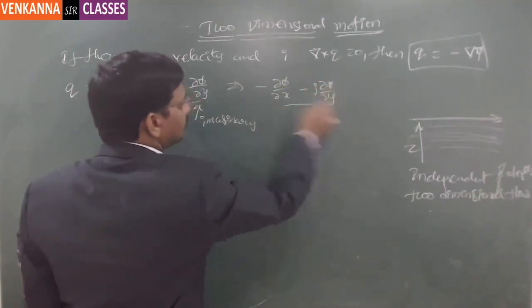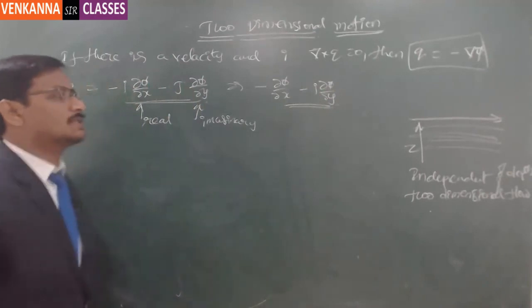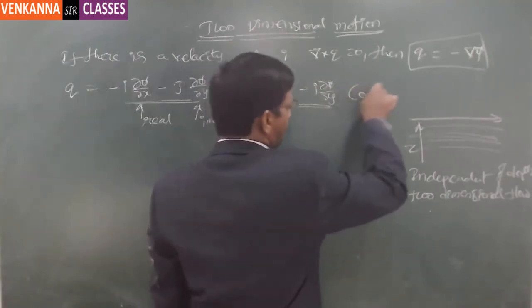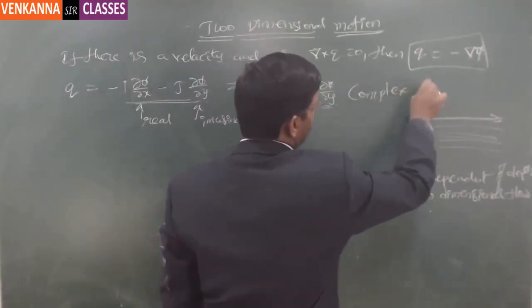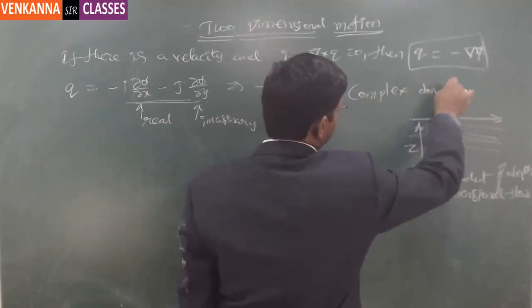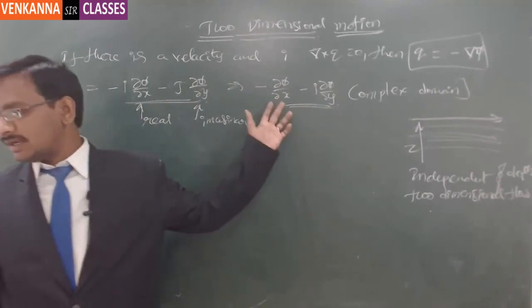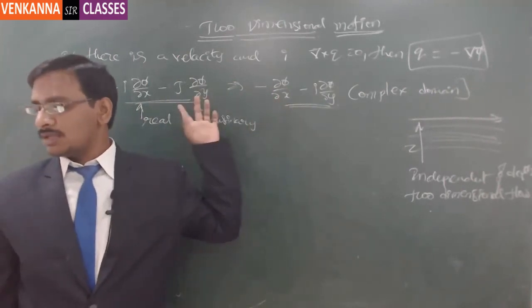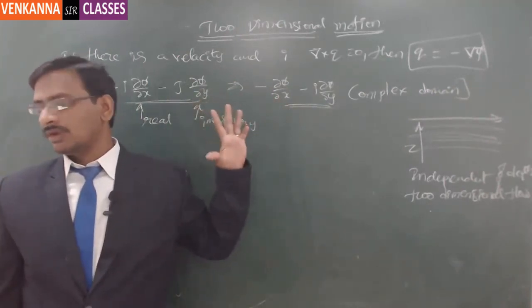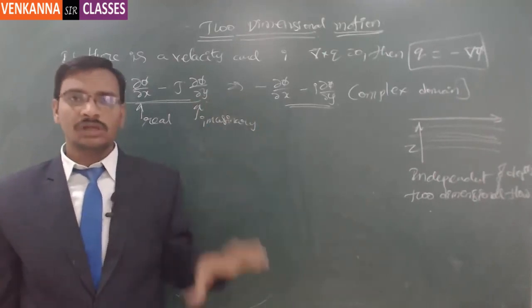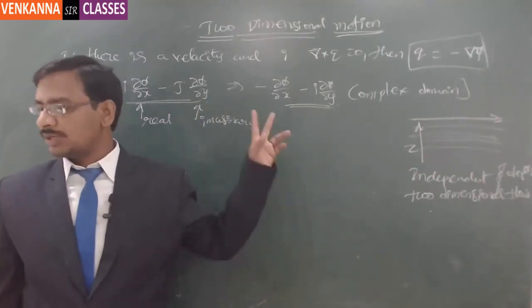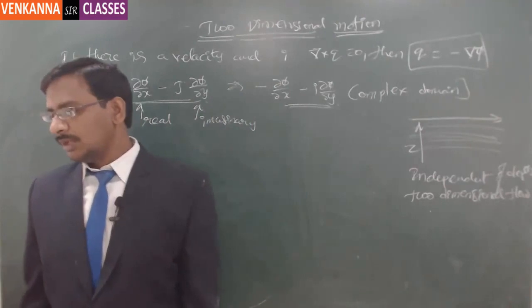This is how you can express it in the complex domain. These two are equivalent, and this is the reason why we rigorously use complex analysis in this equation, because we are specifically confining our analysis only to two dimensions. That's why complex analysis became important.